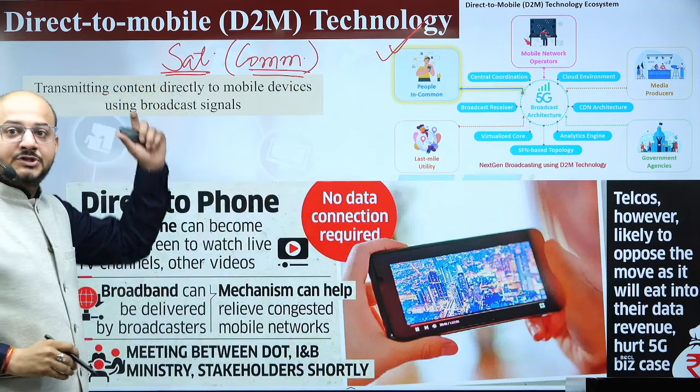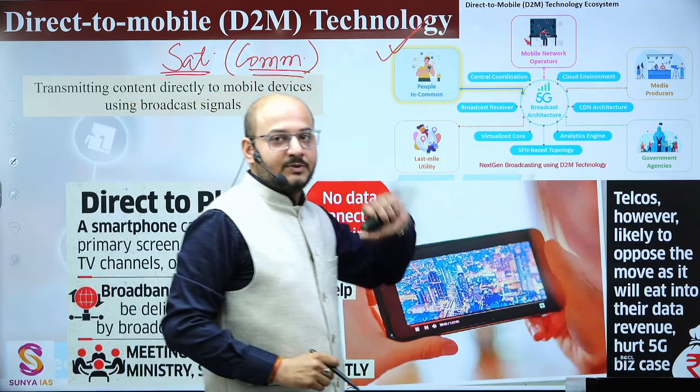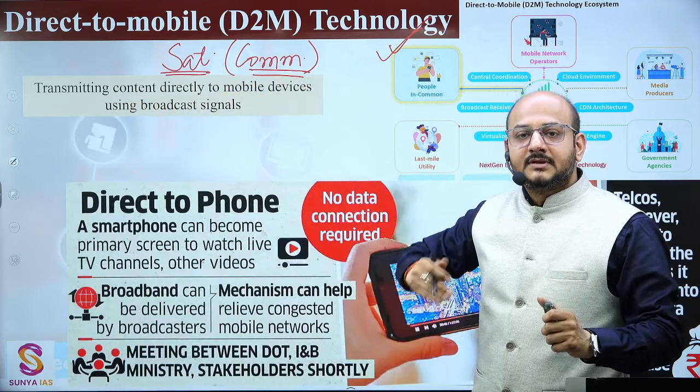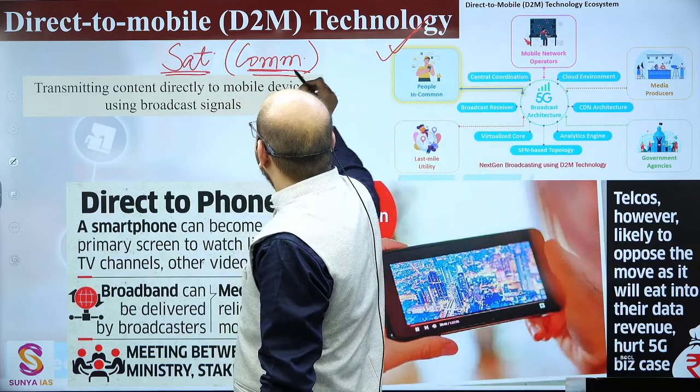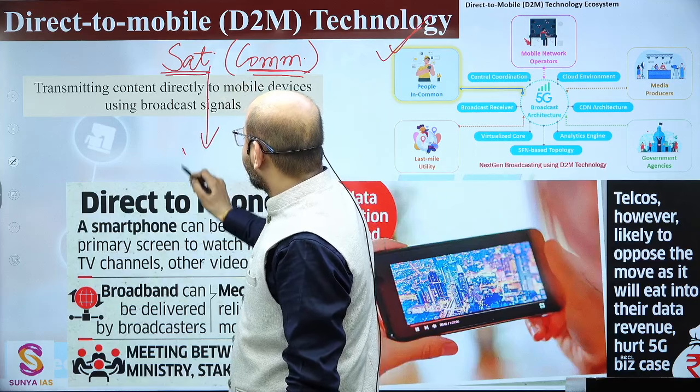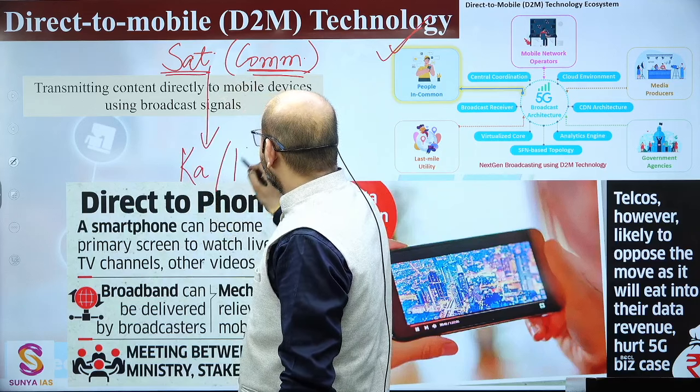Okay, geostationary orbit में communication satellites होती हैं. For surveying we use polar PSLVs, polar satellites. Satellites for communication now have something called KA or KU bands.